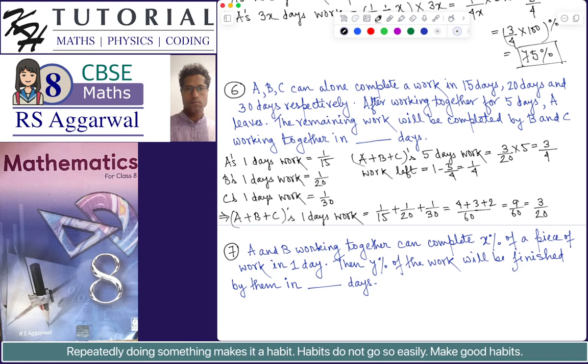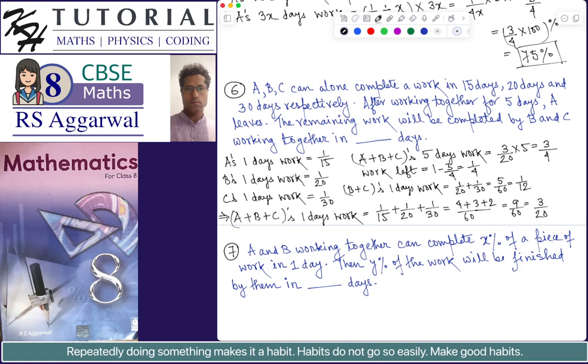Okay. Now B plus C's 1 day's work is 1 by 20 plus 1 by 30, which is equal to 5 by 60, which is equal to 1 by 12.